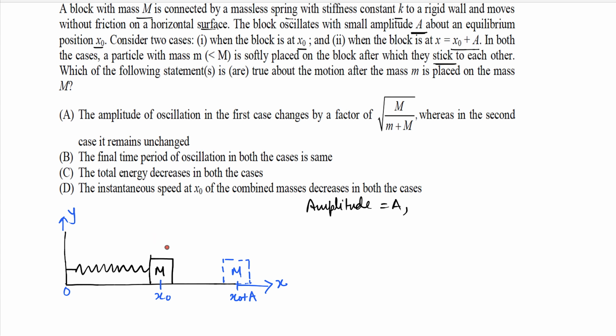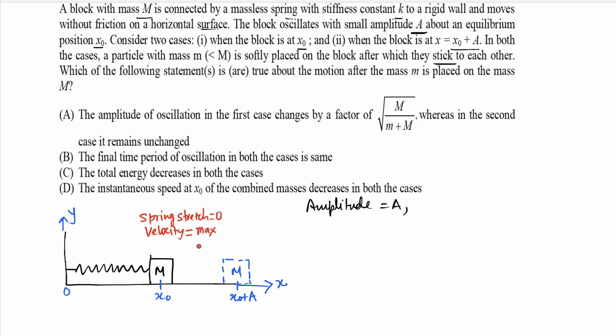So first let's write the obvious, whatever is pretty obvious to all of us. At this point in time, this is the equilibrium point. So what is the stretch here? Spring stretch is 0 here and velocity or speed is max, okay?